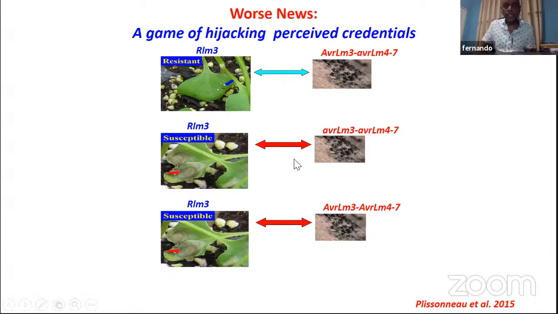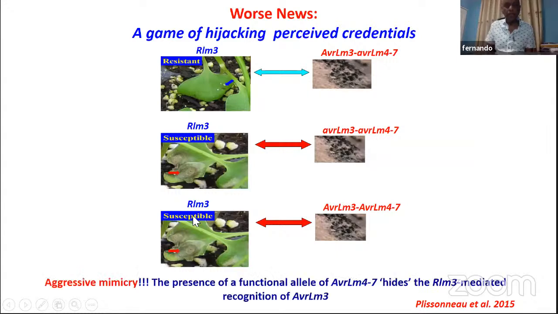So in addition to AVRLM3 being virulent, even the presence of AVRLM3 sometimes is not working because of the presence of AVRLM47, giving this phenotype. So we call it aggressive mimicry. The presence of a functional allele of AVRLM47 hides the RLM3-mediated recognition of AVRLM3, which should have been like this.